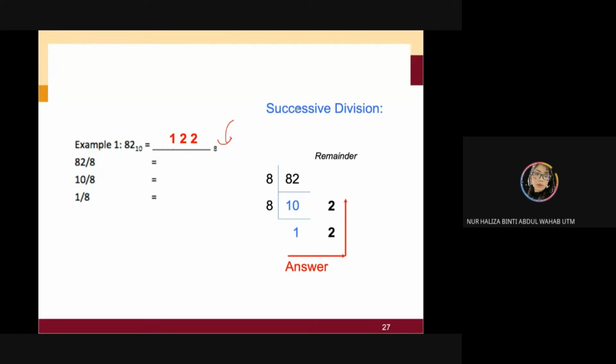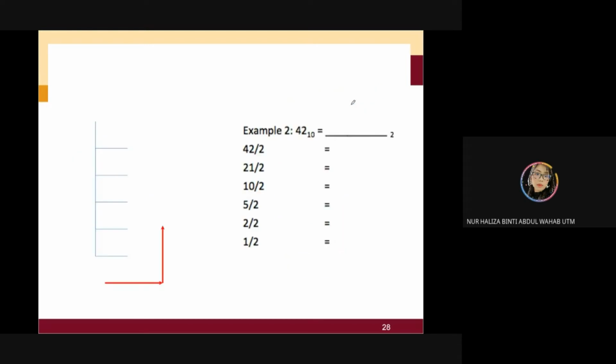Next, it is using successive division. Maybe in your test, maybe in your final exam, they will ask what is successive division? So you need to know it is to convert decimal to any other base number. Okay, so now we have 42.